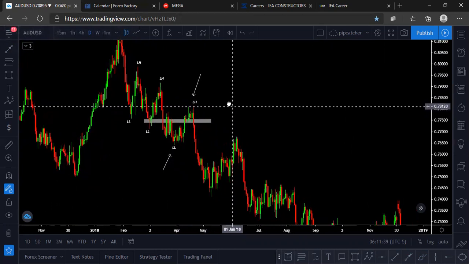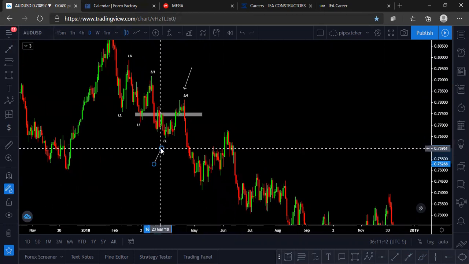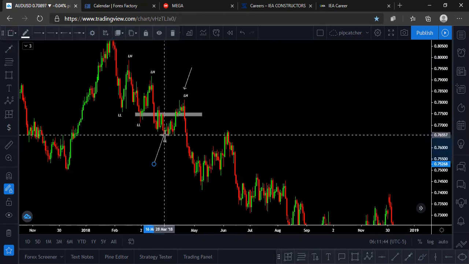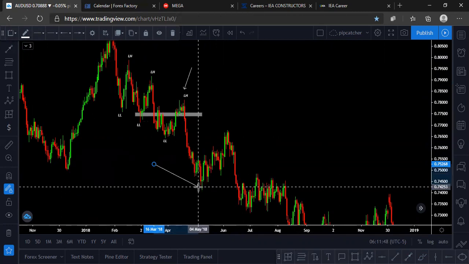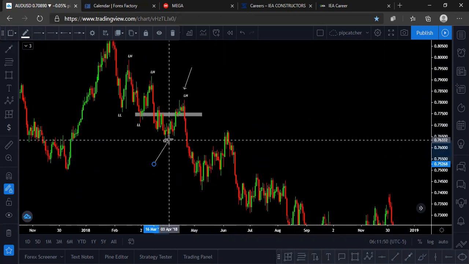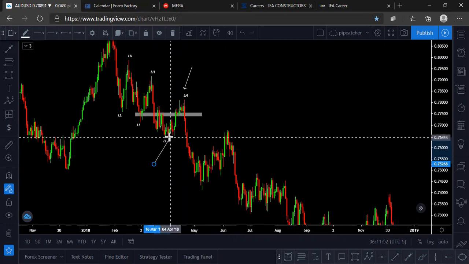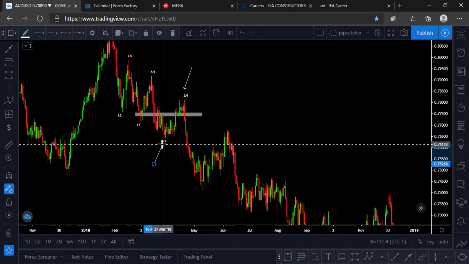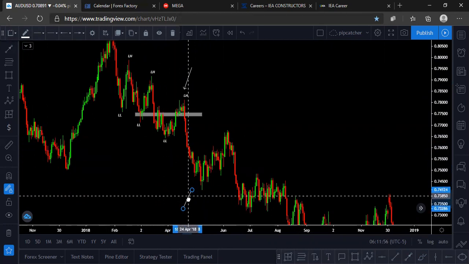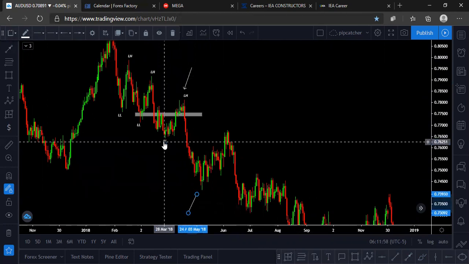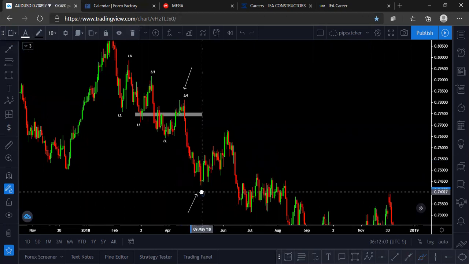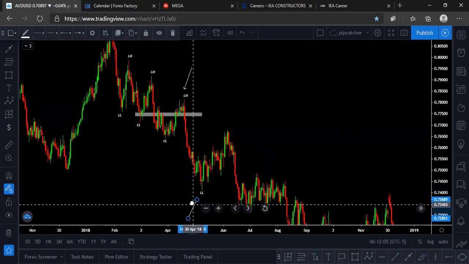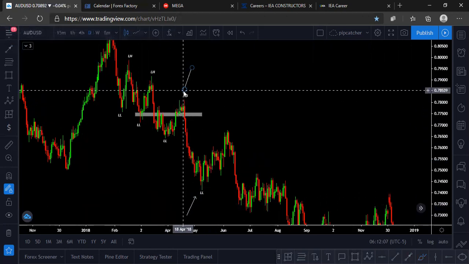And what happens after that, guys? This lower low right here, price once again trades to the downside, breaking this lower low, breaking this structure, giving us a new lower low right here. Now what happens, right?